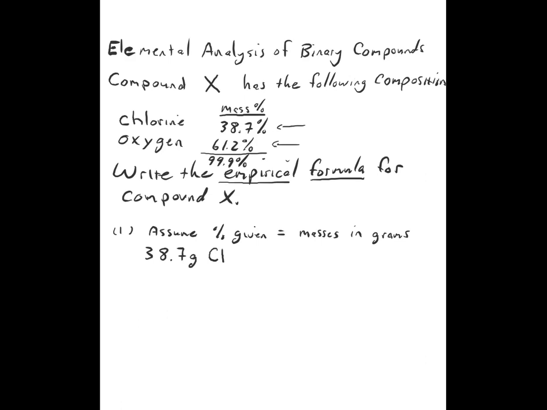Same thing for oxygen. If they tell you that you have 61.2% oxygen, assume that's the mass in grams. O for oxygen. So now that's your first step: just take the percentages and make them grams.